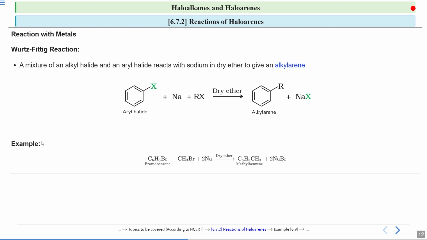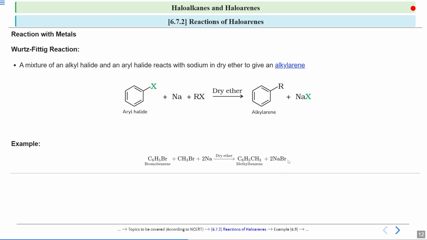For example, let's say we are taking bromobenzene as the aryl halide, and you are adding the alkyl halide, methyl bromide, and reacting them along with two atoms of sodium metal in the presence of dry ether. The aryl group, that is benzene, and the methyl group, that is the alkyl group, will attach and you will get methyl benzene and sodium bromide.